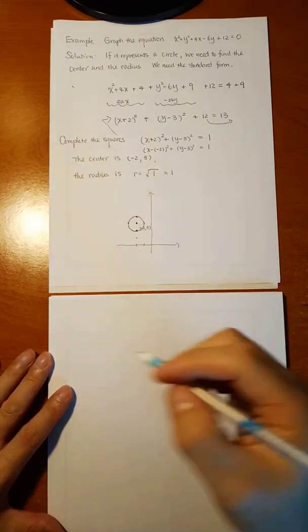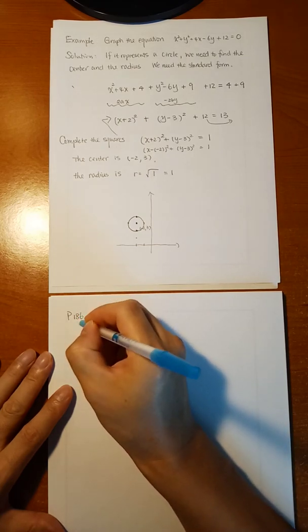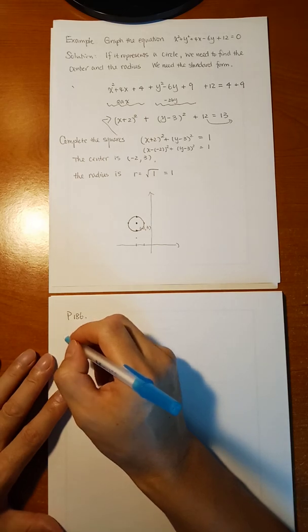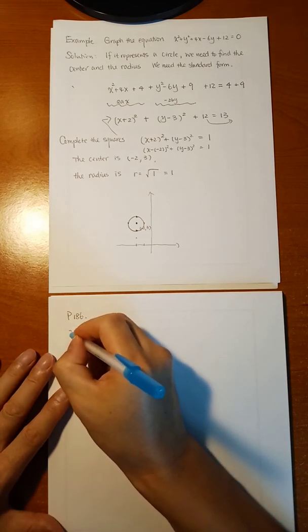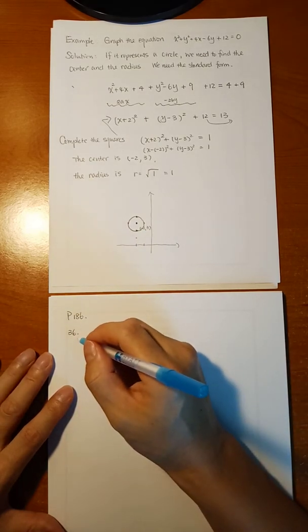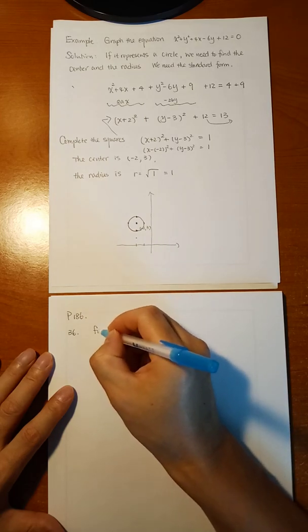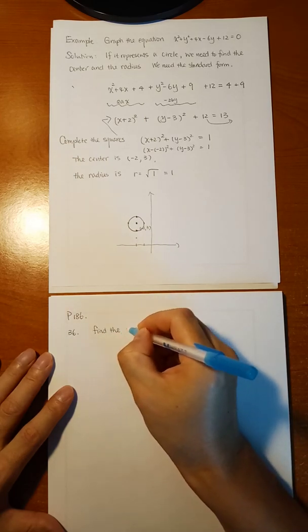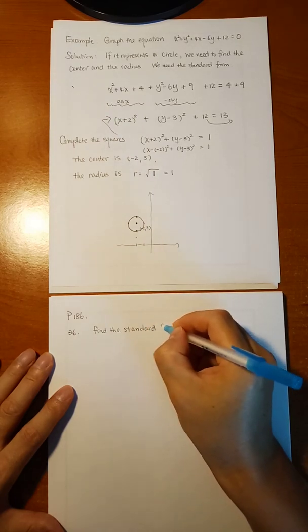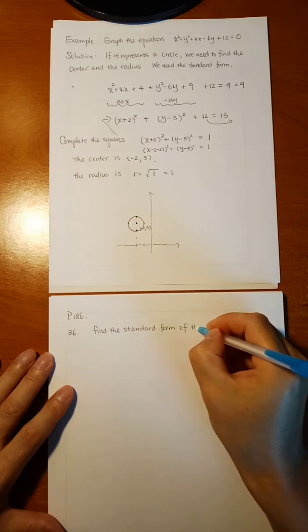Let's do 2 of them. So on page 186, there is 36. Let's try 36. It's a problem in the sequence of problems. Find the standard form of the equation of the circle.